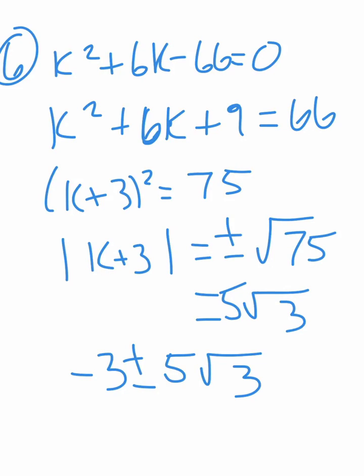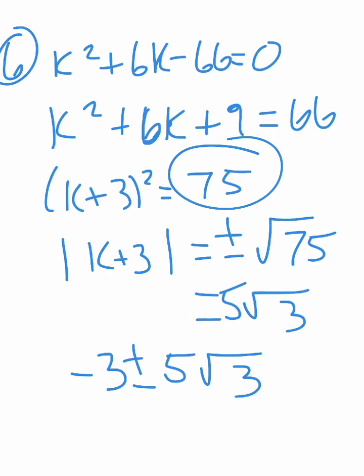For number 6, we have k squared plus 6k minus 66 equals 0. You add 66 to both sides, and then you find the perfect square, which will have k squared plus 6k plus 9 equals 66. Once you do that, you factor out the perfect square, which will give you k plus 3 squared, and you have to add the 9. Since you added the 9 on one side, you have to add it to the other, which will give you 75.